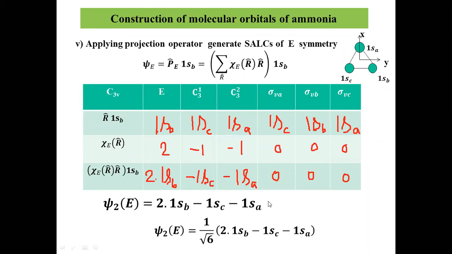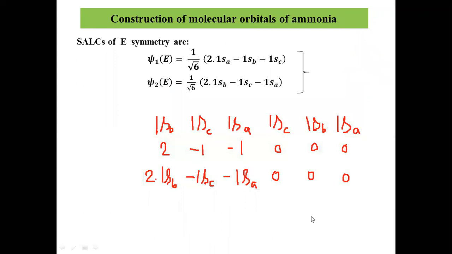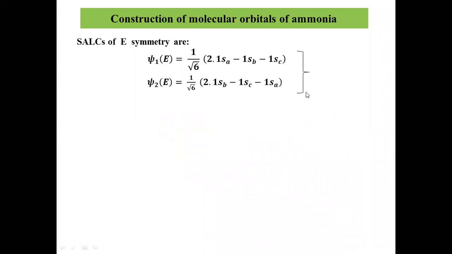Now comes the question: when we get this doubly degenerate representation, what do we expect? This is one of the doubly degenerate functions, this is another doubly degenerate function, so that's why I have given psi 1 E and psi 2 E. Now the question is, are you going to accept these functions?